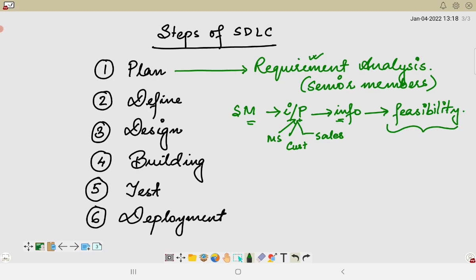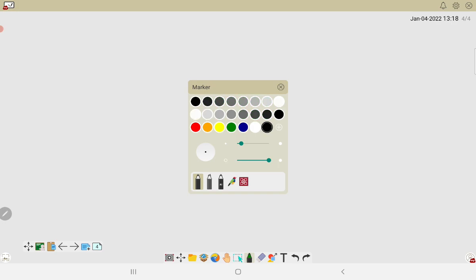Now this second step, let us write it down in a different slide. The second step is basically defining of the requirements. This defining of the requirements is a very methodical way of representing the requirements in a documented form.